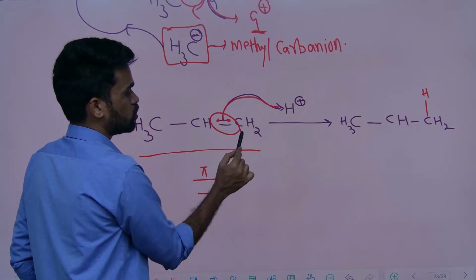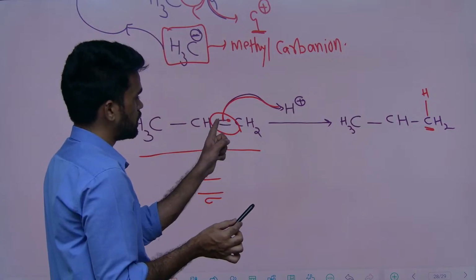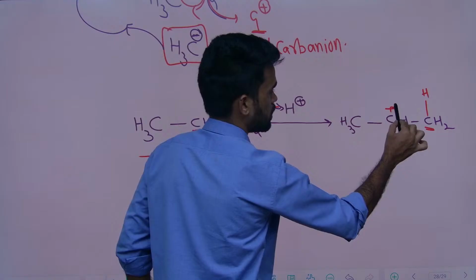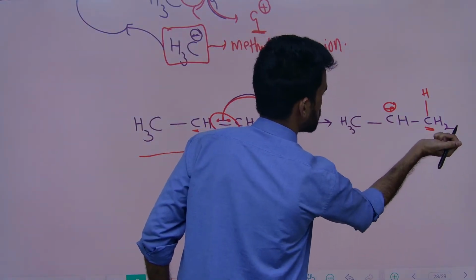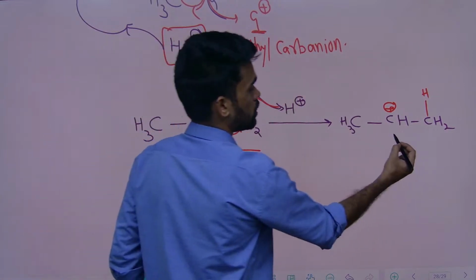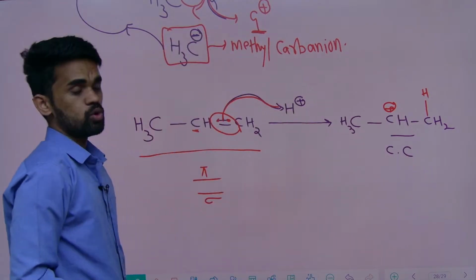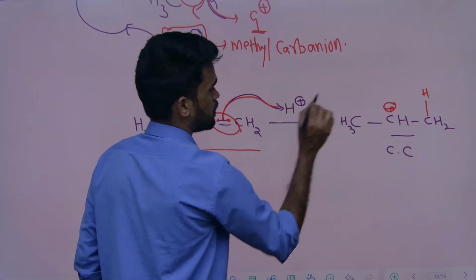The newly added proton is on the terminal carbon, and the central carbon is losing the electron. So you can write a positive charge here. Whichever atom is losing the electron, mention it as a positive charge. I told you carbon with a positive charge is called a carbocation. If there is any other negative charge, that can be added over here.